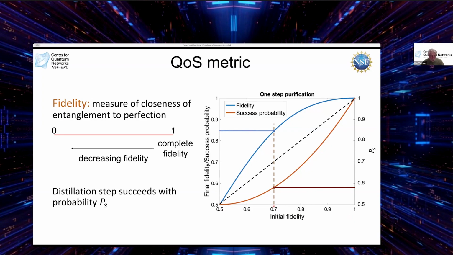In the case where the initial fidelities are 0.7, you can generate a final Bell pair with a fidelity of about 0.85. On the other hand, there's some probability that you will fail. The red curve here shows the probability that you actually succeed. If the initial fidelities were 0.7, you will get a Bell pair with fidelity 0.85, but only about 60% of the time. The rest of the time, you get nothing.